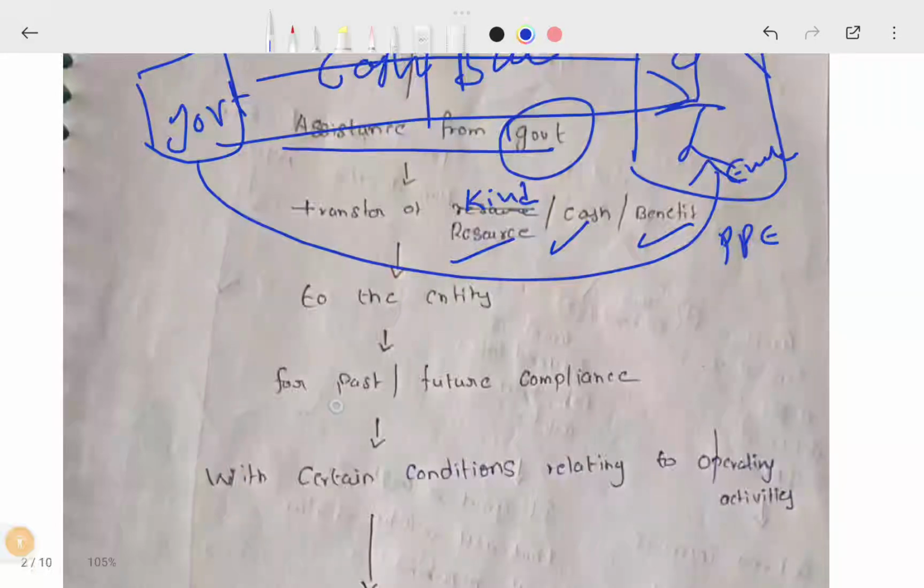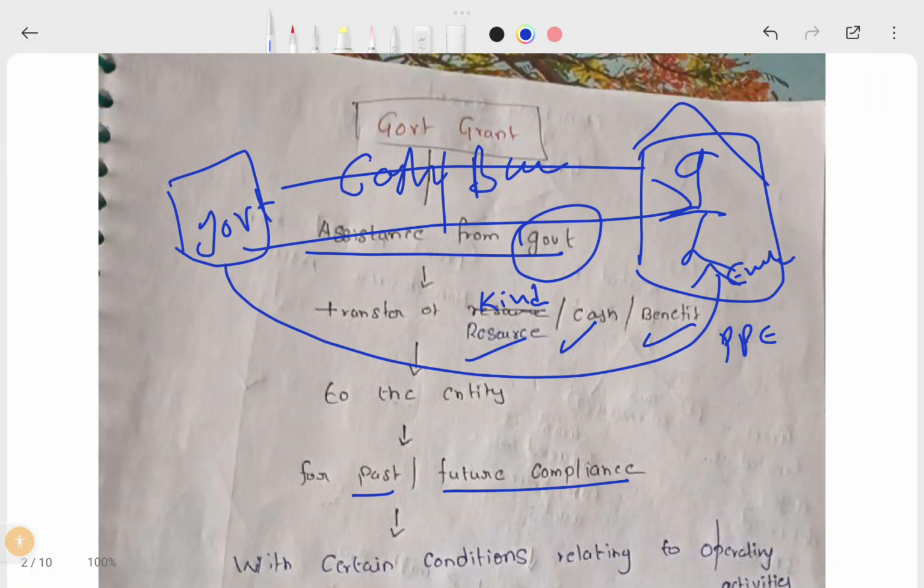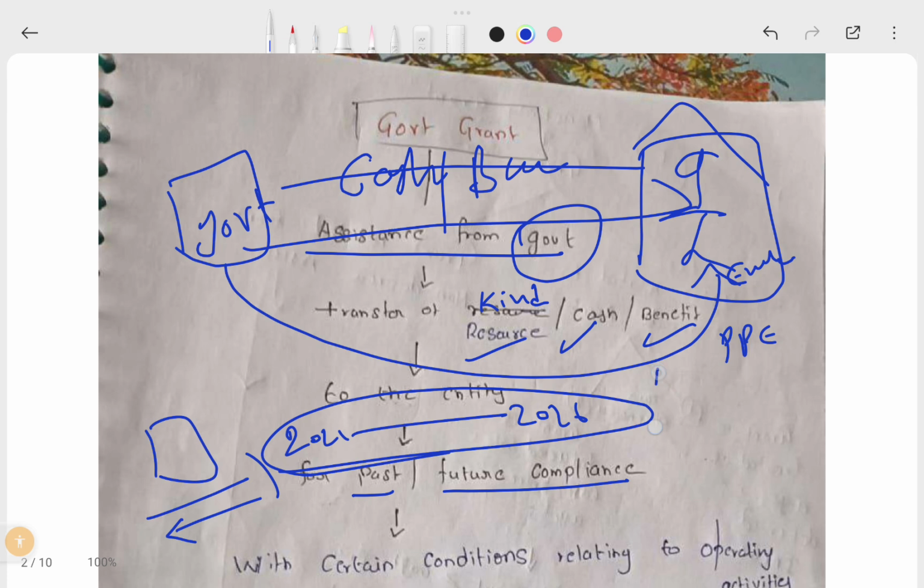Then either past or future compliances. There are two types of compliances, right? Suppose the government has decided that for six years from 2021 to 2026, if you generate revenue of more than 500 crores in a specific industry, you will get a benefit of 50 crores, meaning one plant and machinery.